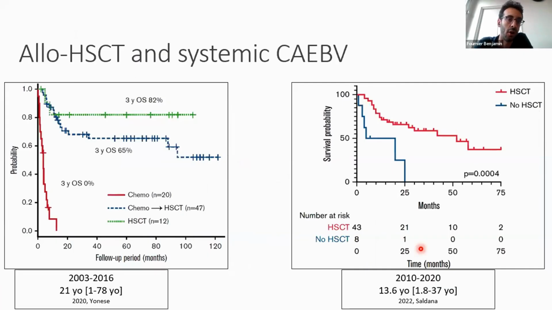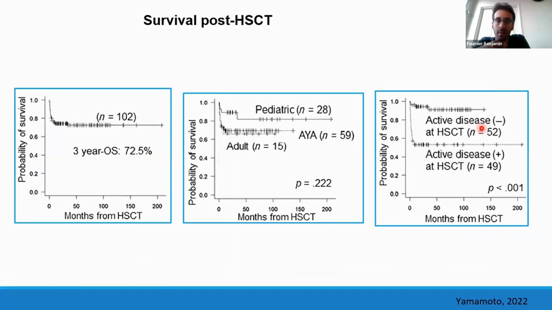And here it's a result of allo-HSCT in Asian patients, and here it's the United States. You can see that the overall survival is not so good, but it's better when you have HSCT. Here, the overall survival is not so good, but probably because the patients were diagnosed long after onset. And here, finally, you have my last slide to show you the latest results for the Japanese team that use a registry.